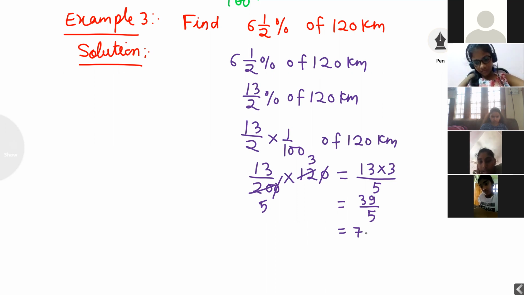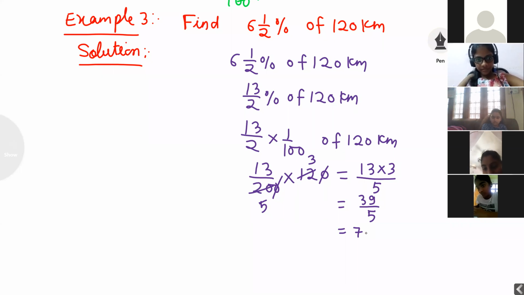Are you getting my point, student? What have I done here? 10, 10 cancel. 4 5s are 20. 4 3s are 12. 13 into 3 is 39 divided by 5. Now 5 7s are 35. How much remaining here? 3. 3 means 30.